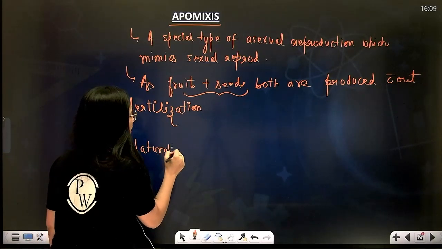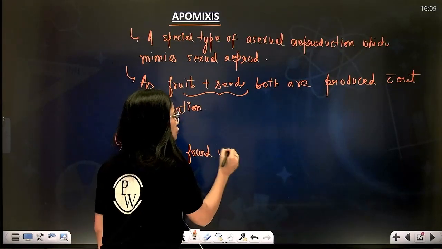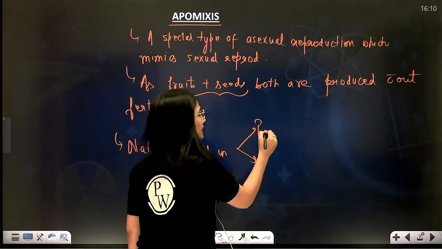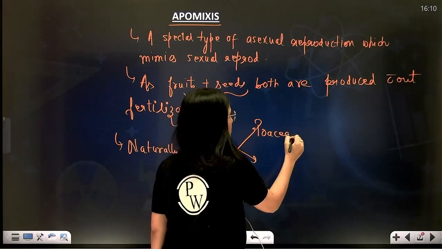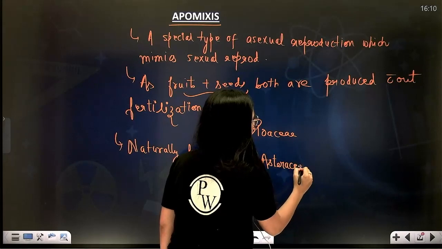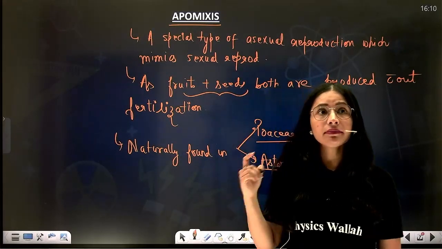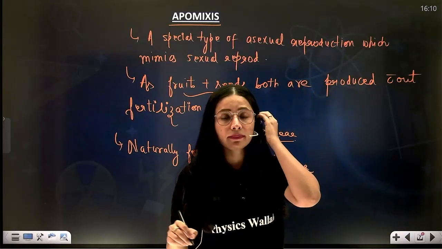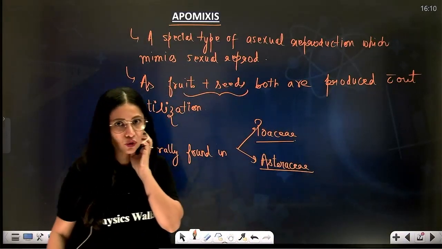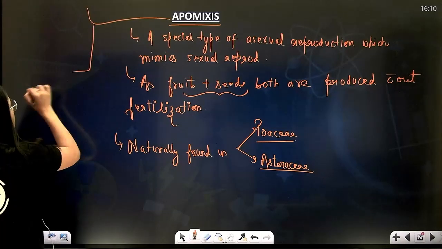Right? Next point. It is naturally observed that the genes for apomixis are naturally found in the two most advanced families, that is Poaceae, commonly called as grasses, and Asteraceae. Right? First time apomixis was reported by Leeuwenhoek in citrus fruits. Now there are two ways to perform apomixis.